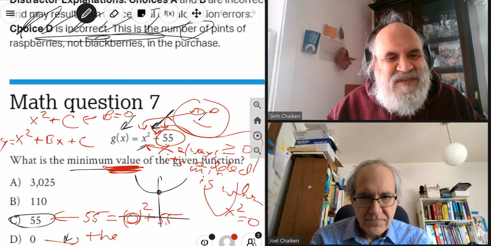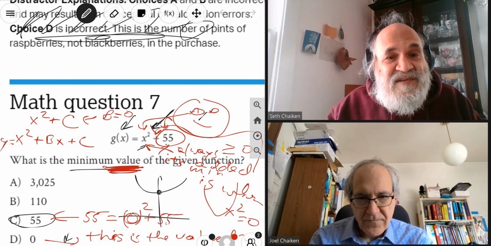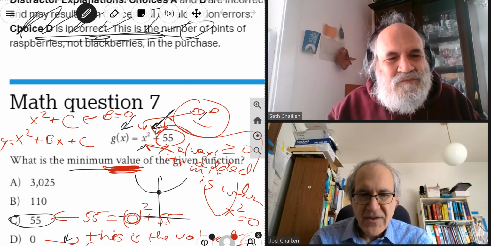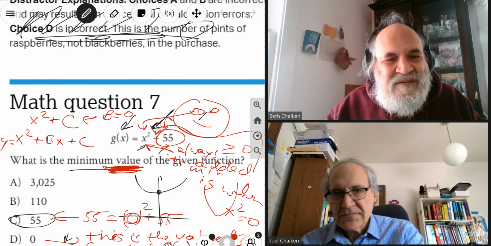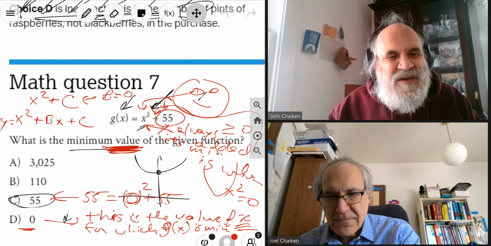The significance of the zero distractor is this is the value of x for which g of x is minimum.